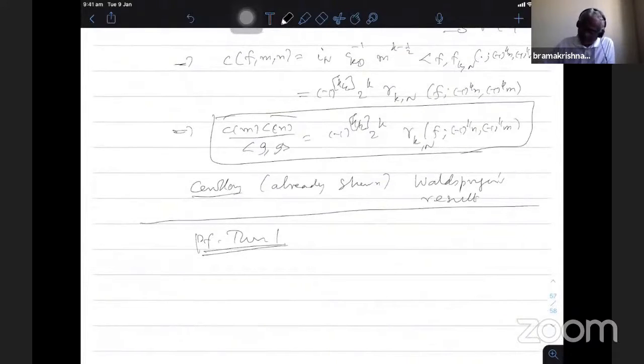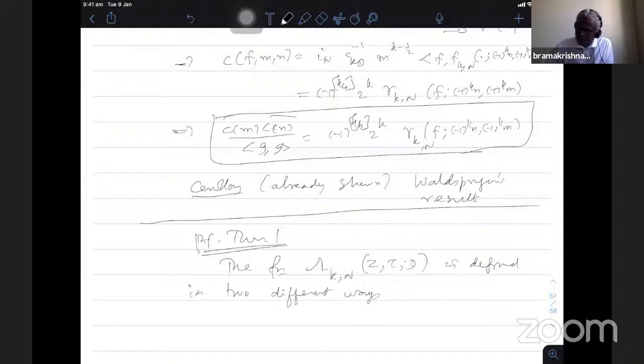The function omega_{k,n}(z, tau, d) is defined in two different ways. The theorem is that they are the same.